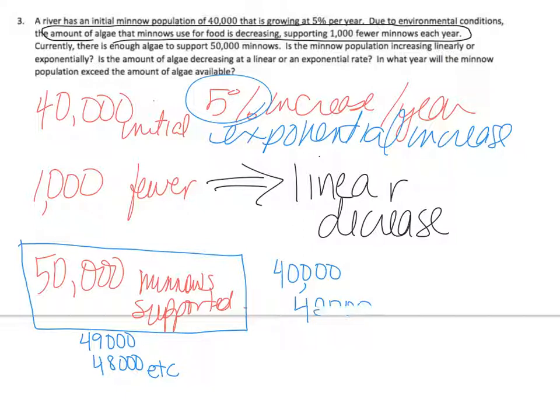Let's write it in the right spot. Initially 40,000. The next year I actually have 42,000. The next year 44,100. So this is decreasing and this is increasing, right?